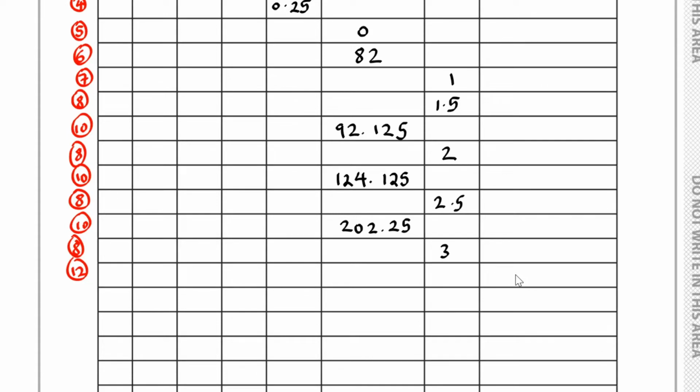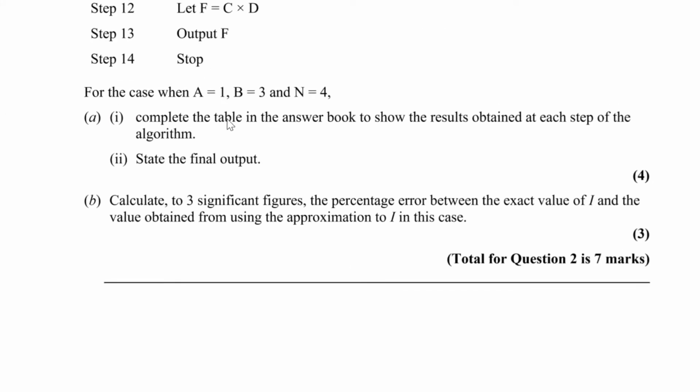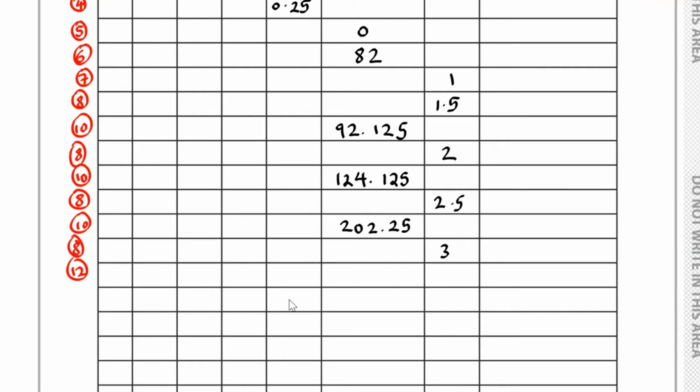So we have that here, and then we move on to step 13, where we output f. So we have 50.5625. So this here, rather, is step 13. Okay, and then we stop the algorithm.